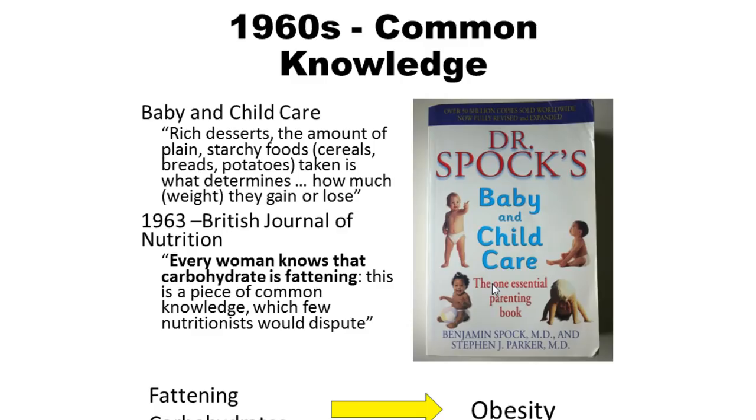By the 1960s, it's fairly common knowledge. So if you go to books like Dr. Spock's Baby Care, which is a very widespread book, what you see is that they say that rich desserts, and the amount of plain starchy foods such as cereals, breads, and potatoes taken, is what determines how much weight they gain or lose. So basically these starchy foods, sugary foods, that's what causes obesity. That's what they said. And in the British Journal of Nutrition, 1963, every woman knows that carbohydrate is fattening.